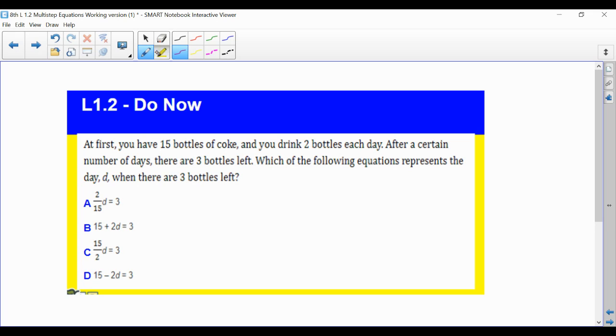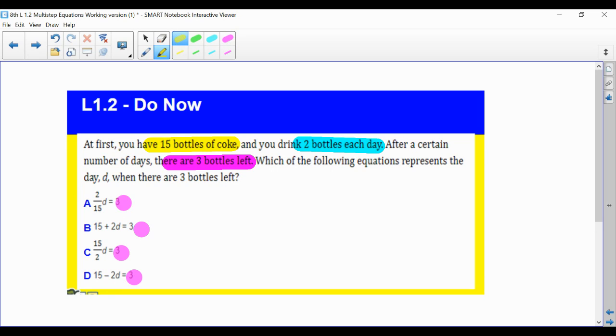At first, you have 15 bottles of Coke, and you drink 2 bottles each day. After a certain number of days, there are 3 bottles left. That's what we ended up with. Which of the following equations represents the day D when there are 3 bottles left? So we have our 3 bottles left at the end.